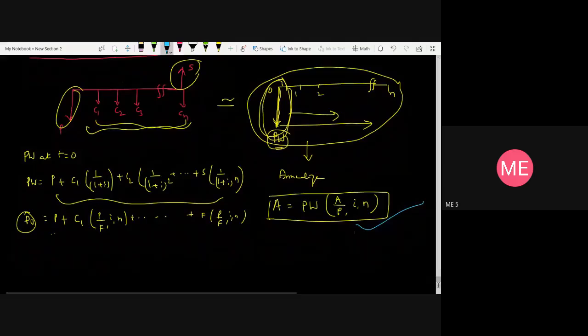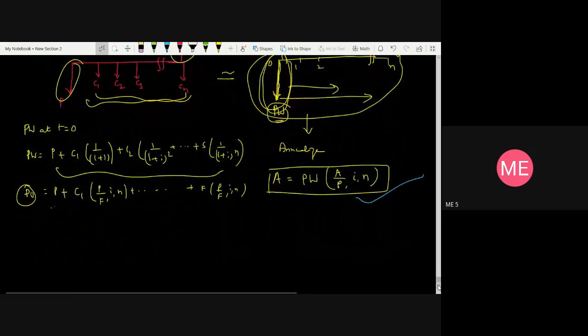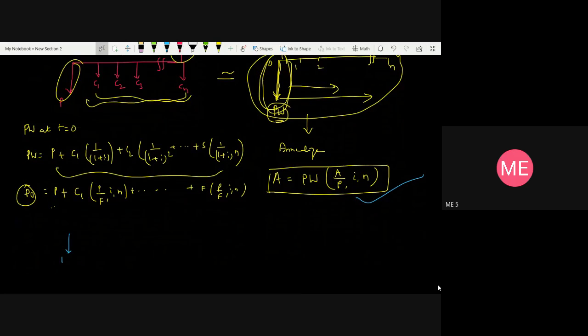So this is one method, and the same can be done by another method called future worth. I have the cash flows at time 0 and 1, say C1, then C2 at the end of the second year, then C3, and so on up to Cn, and this is the salvage value.